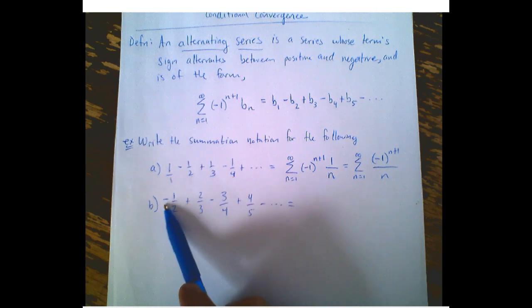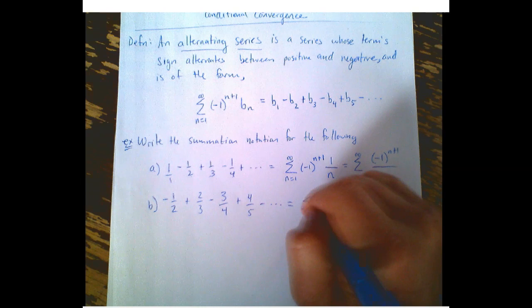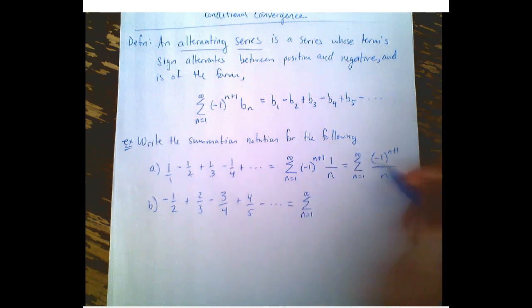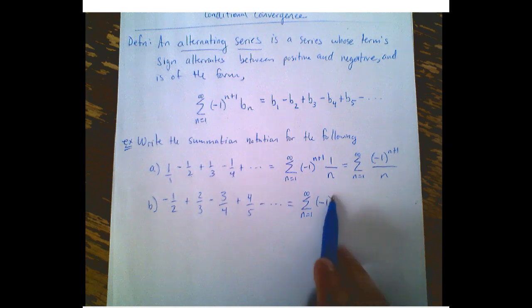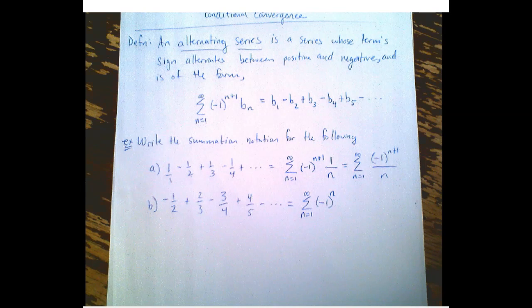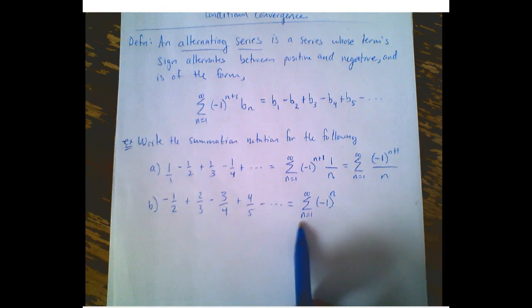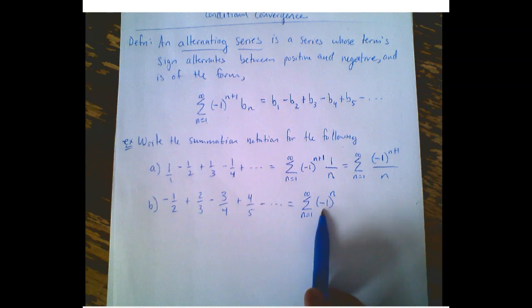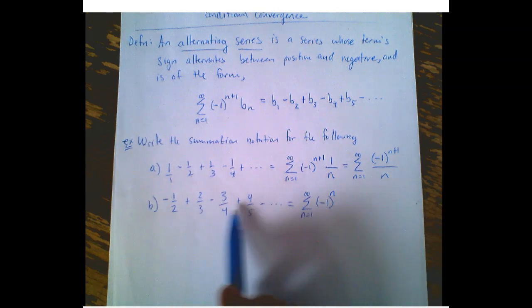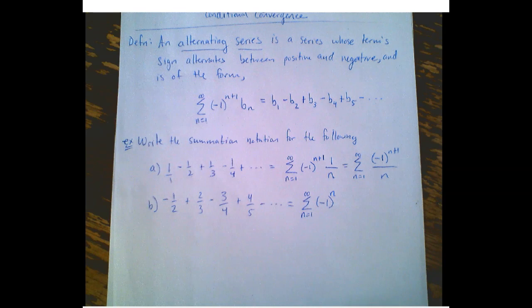The first one is negative. So if we start n at 1, we want -1 raised to an odd power first, and then an even power, so we can get away with just having n there this time. When n is 1, we get -1. When n is 2, we get +1. So we get this correct alternation in the signs.